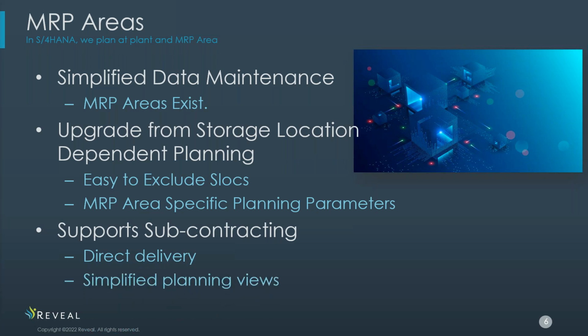And then we also have simplified planning views. So if you are used to that MRP view and your stock requirements list, as you scroll down at the top, you have all your plant information, and then down at the end of that planning horizon, now we've got information on those subcontractors, and then below that, we've got another subcontractor. A lot of times folks find those screens a little challenging to read, especially as you watch the requirements transfer through.